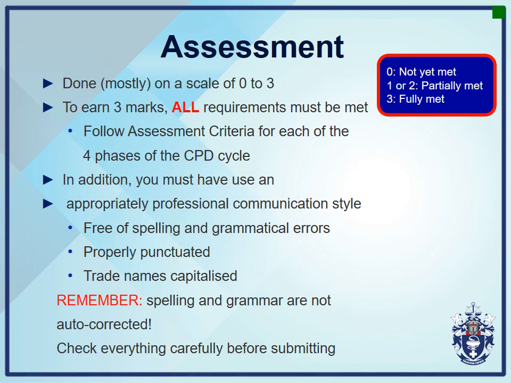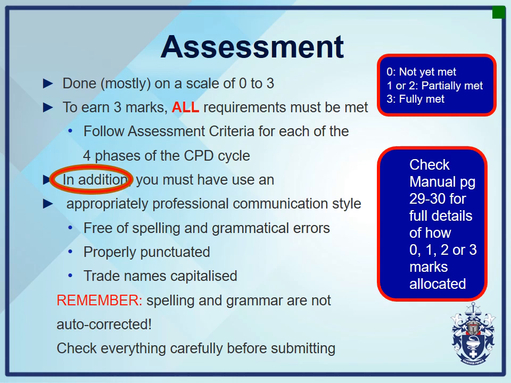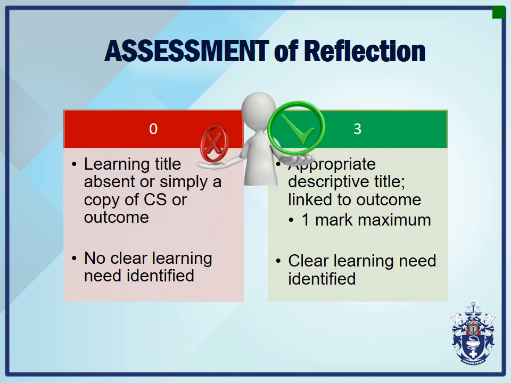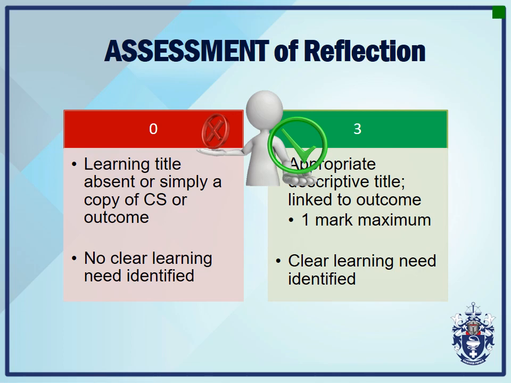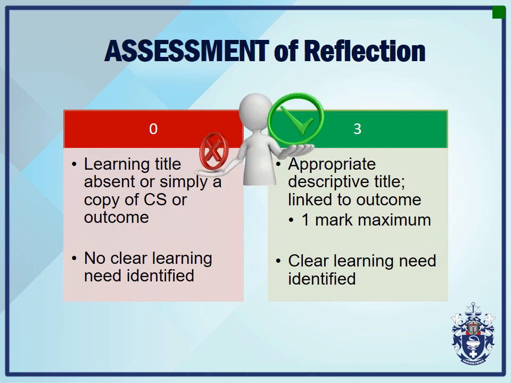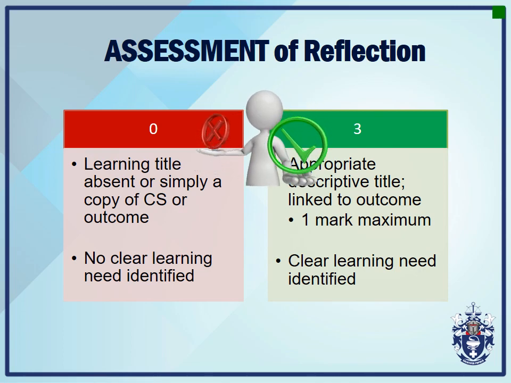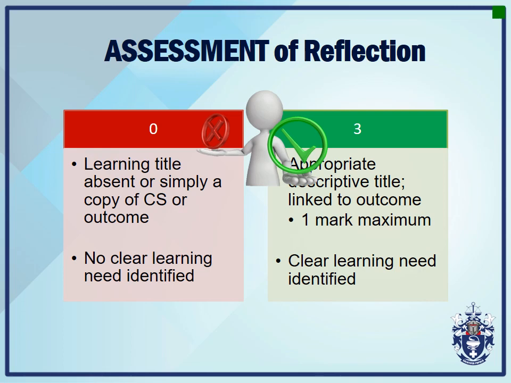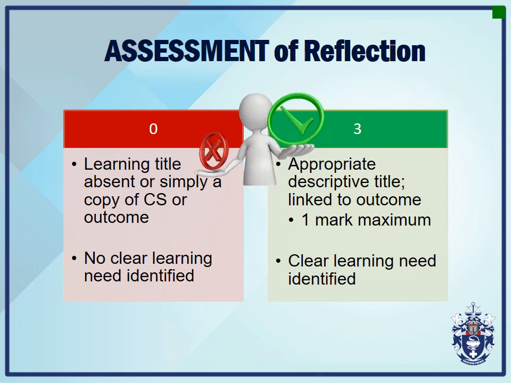In terms of the scale, 0 is not yet met, 1 or 2 is partially met, and 3 is fully met. Looking at the assessment of reflection, if, for example, you have a learning title that is absent or is simply a copy of the competency standard or outcome, you would get a 0. If there's no clear learning need identified, you would get a 0 as well.